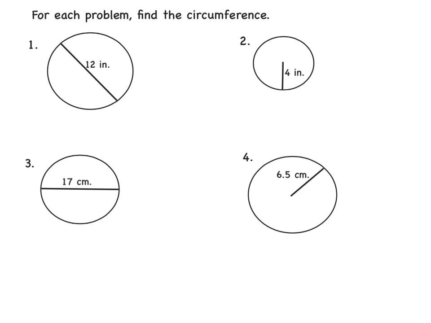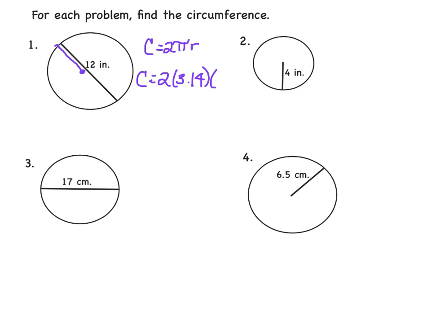All right, number 1, I'm going to first write my formula. C equals 2 times pi times the radius. I'm looking for the circumference, so I leave C. 2 times 3.14 times my radius. Hopefully you saw that the 12 is the diameter since it goes all the way through the center. I only want half of that.